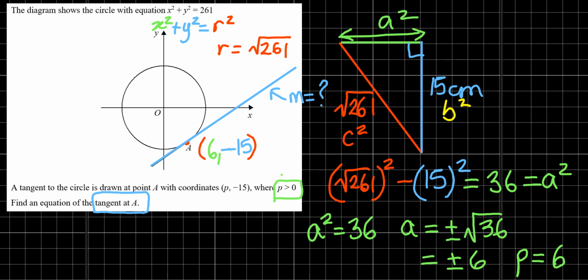But if we draw a line from the center to this point A and know the gradient of that line, the radius, we can use the negative reciprocal, because the red line and the blue line will meet at 90 degrees. So we need the gradient of the red line, the line OA.